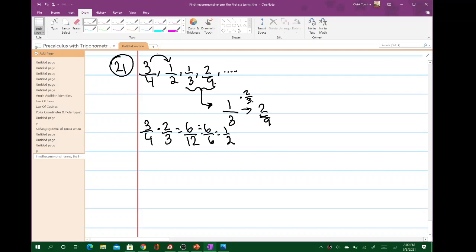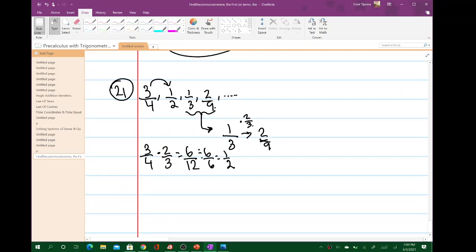So every time I multiply by 2/3, that's basically the common ratio. We call that R, okay?